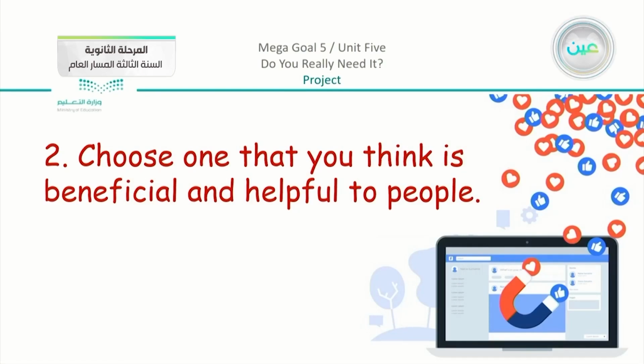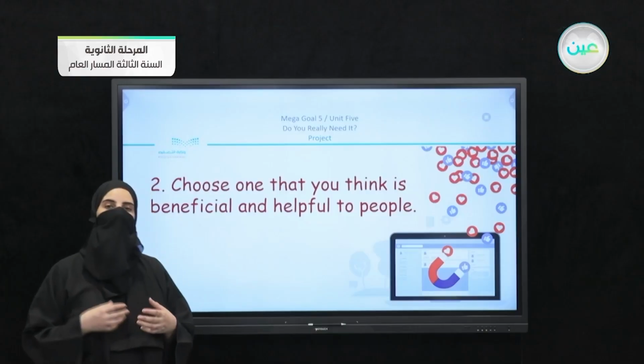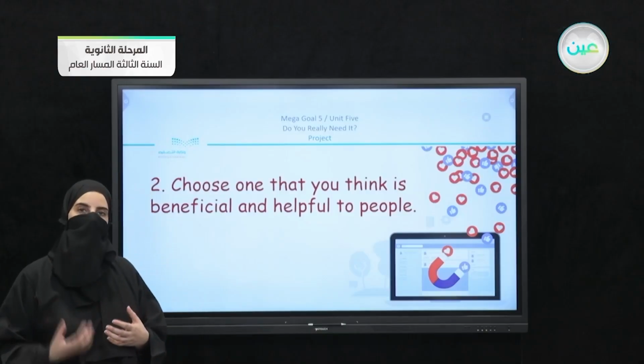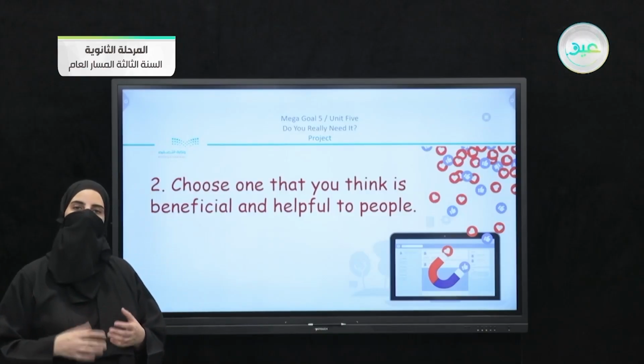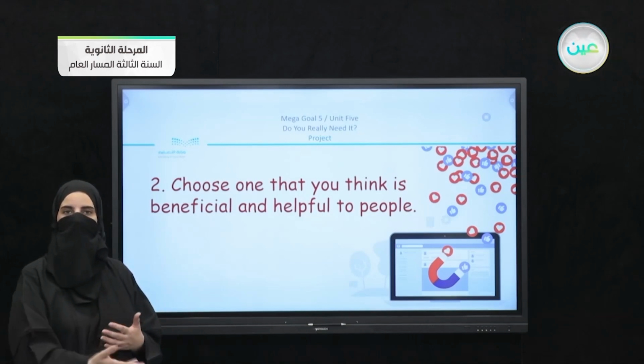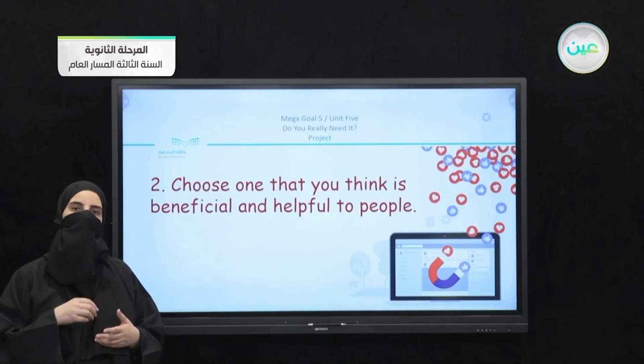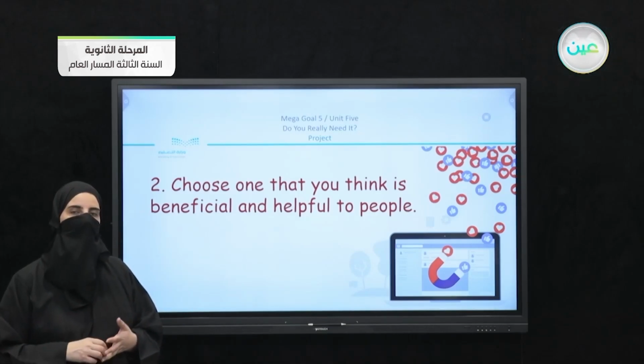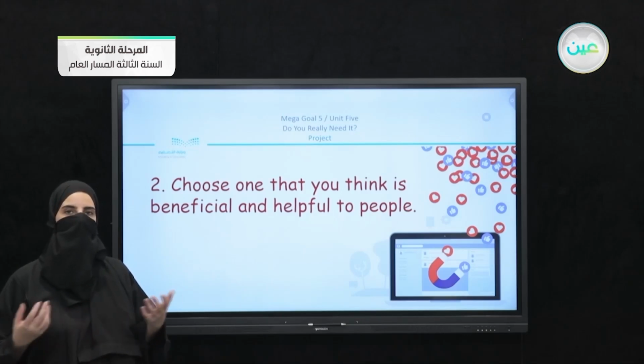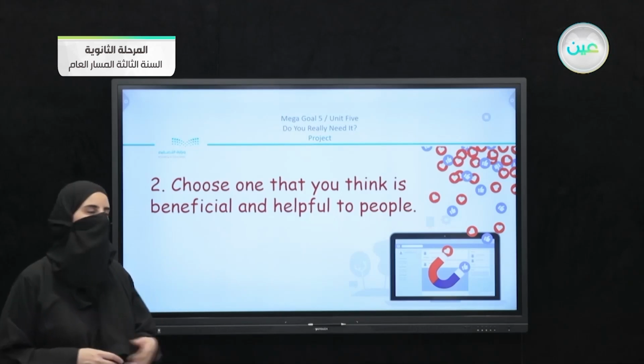After that, we're going to choose one that you think is beneficial and helpful to people. This is something very important, that you are going to choose a product which is actually useful. You are not going to choose just any type of thing that is in the market, you are going to choose something that is very useful and you think that other people will benefit from.